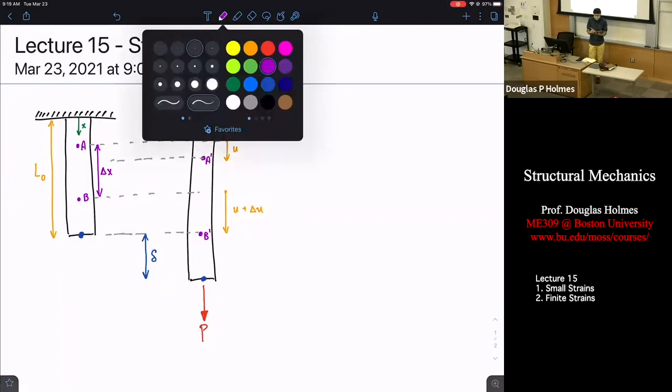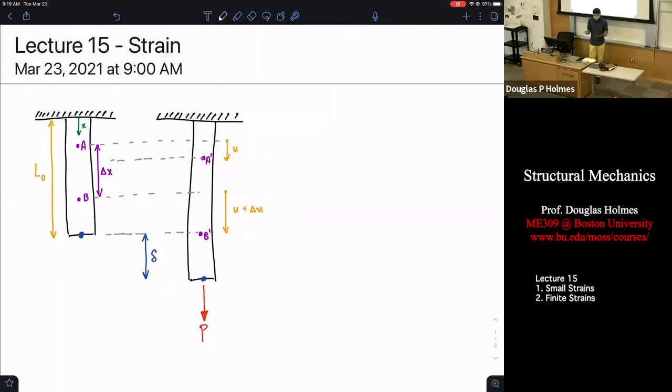And so we can write down and say, well, these points don't have to be some finite distance apart. Right here, we're saying there's some distance delta x apart. In general, what we want is the ability to say what's happening infinitesimally through this material as I slowly move from the clamped edge to the free edge.